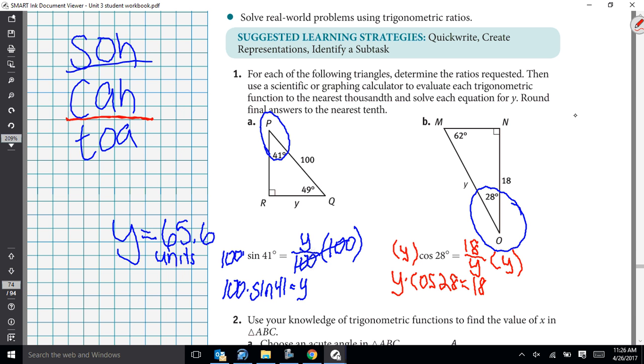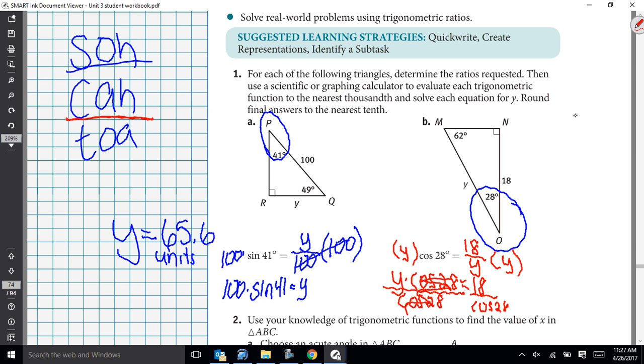So what do I have to do to make it just y equals? I need to divide. I'm going to divide both sides by cosine of 28. So that goes away. So y equals 18 divided by cosine of 28.